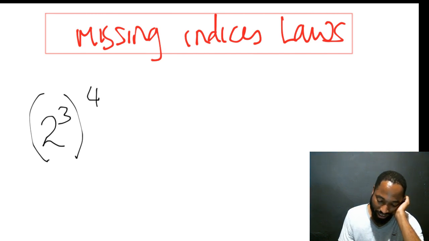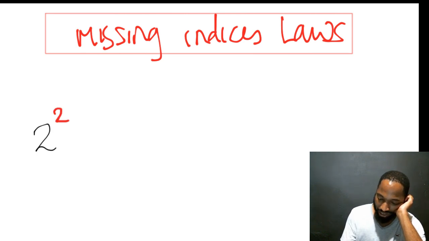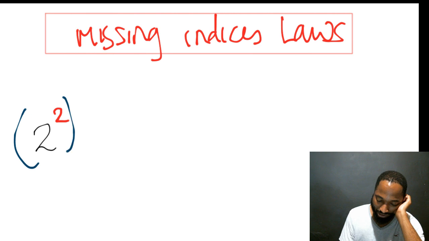So let's take this, right? We have 2 to the power of, those numbers are too big. So we say 2 to the power of 2, because I actually want to show you exactly what happened, so I want to go with those numbers. And then I raise it to a new power again, to the power of just 3.